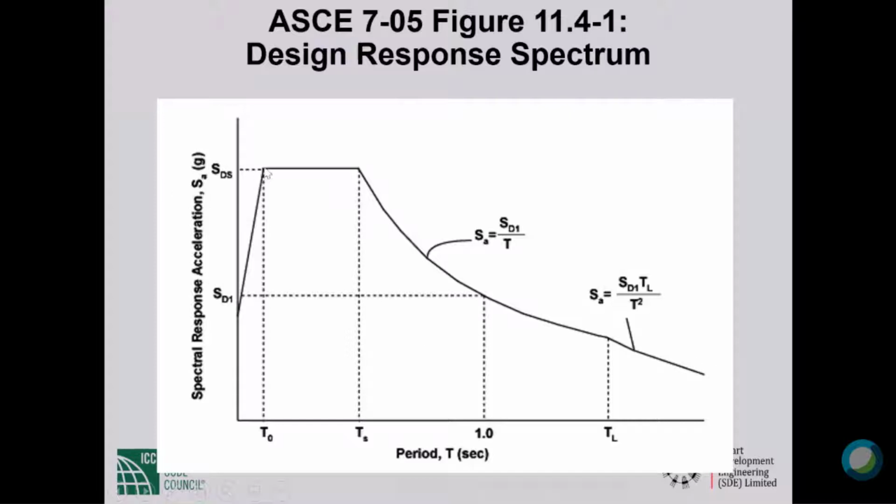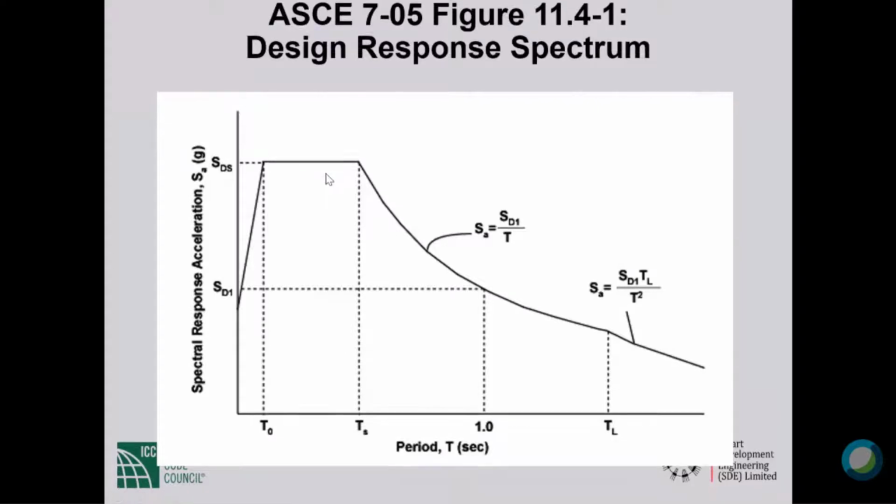This ramp simply takes you from 40% of S sub ds to S sub ds at 20% of T sub S. T sub 0 is taken as 20% of T sub S, and we go from 40% of S sub ds to S sub ds, starting at 0 period to T sub 0. So this is just a ramp making a transition to the flat top.